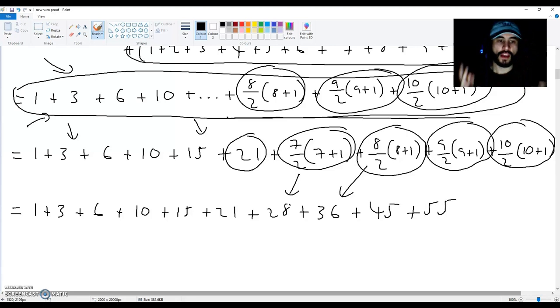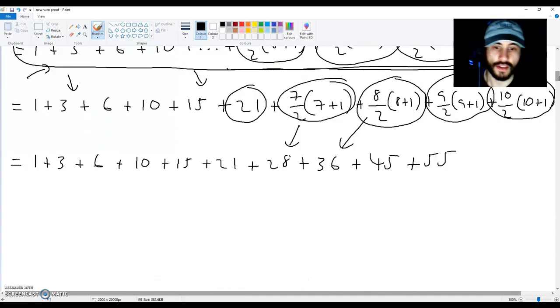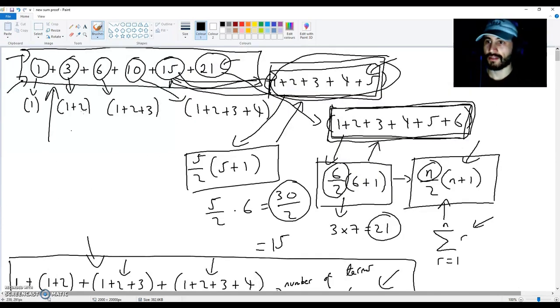All right, so when n is equal to 10, this description up here, this massive and chunky description, is going to turn into this over here. And this sum is similar to the one that we have at the top of the page over here, but it contains more terms.